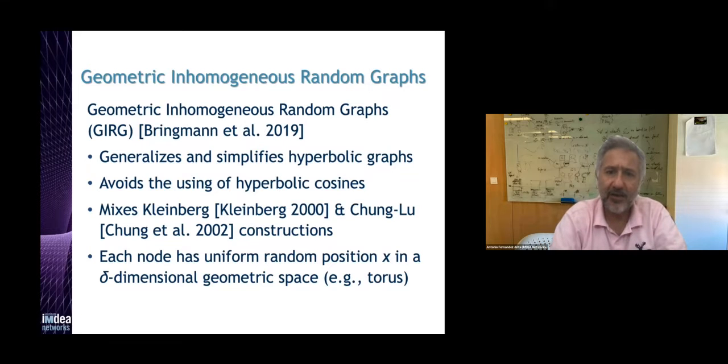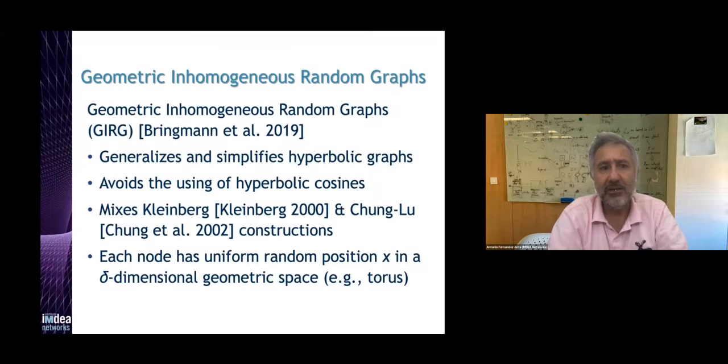And another idea that was proposed by Chung and Lu, in which in order to build a small world network, they assign weights to nodes drawn from a power law distribution, and the probability of connecting to a given node is proportional to that weight.